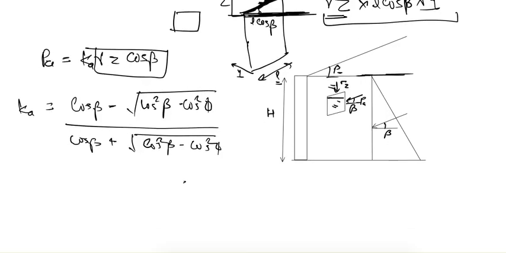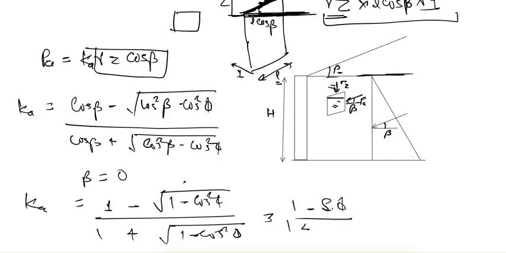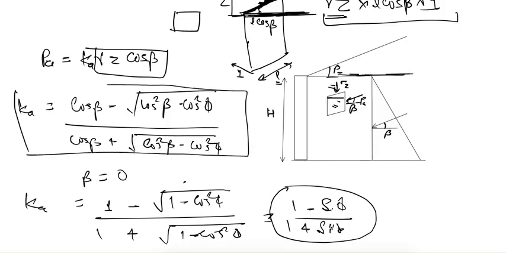The easy way to remember this is, if you put beta equal to 0, you get 1 minus under root of 1 minus cos square phi upon 1 plus under root of 1 minus cos square phi, which is equal to 1 minus sin phi upon 1 plus sin phi. So you should get the active earth pressure coefficient for the horizontal case if you put beta equal to 0. That's how you can remember this formula.